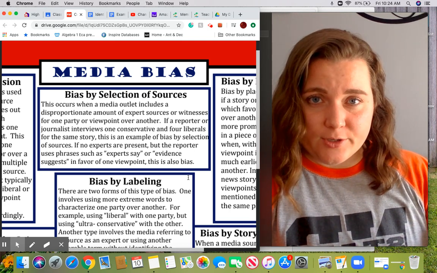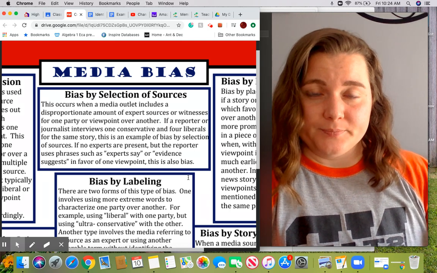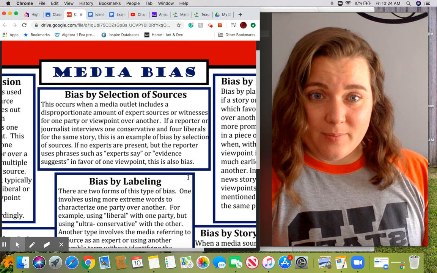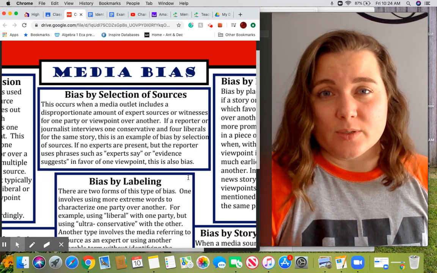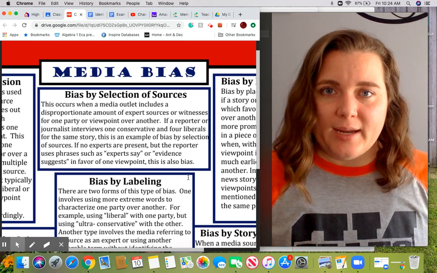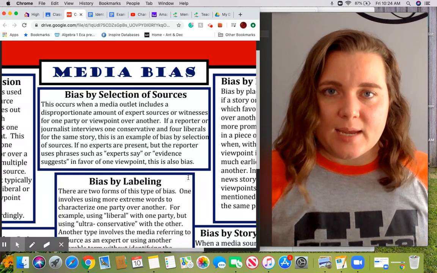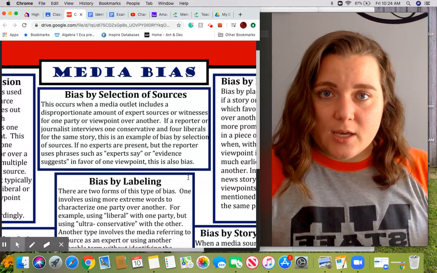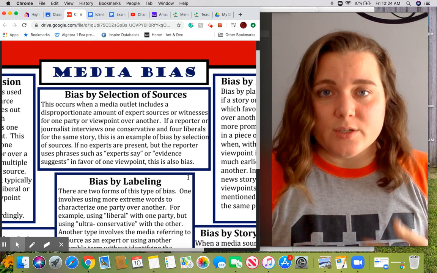Those Democratic senators are my sources. And if I'm only getting that one side from them, that's bias by selection of sources. In order to not be biased, I would have to get the same amount of Republican senators and the same amount of Democratic senators to write my story, to write my information.